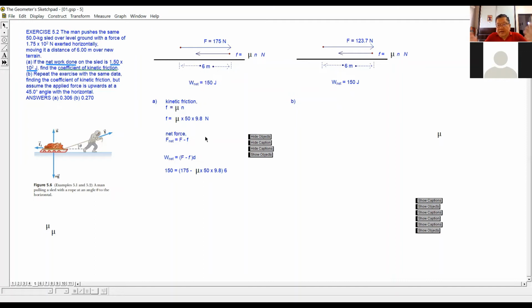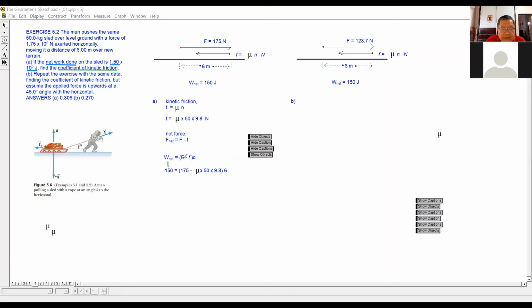So now I'm going to substitute what is given into this equation. The first one is net work done. Net work done is given 150 joule. So I write down here, this net work done is 150 joule.